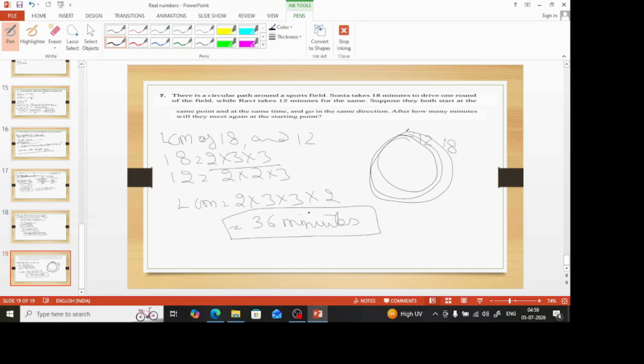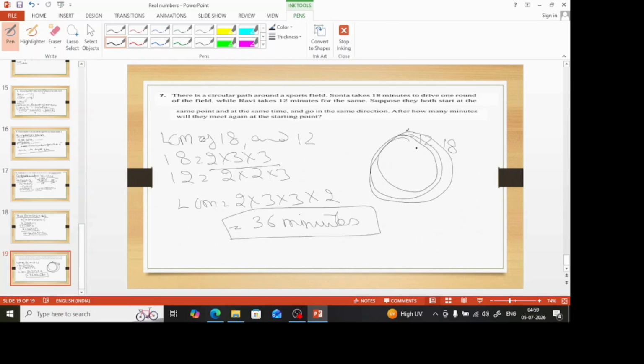So if the answer is 36 minutes, it means Sonia will make 2 rounds, as 36 is divisible by 18. Are you following me? Sonia will take 2 rounds in 36 minutes because she takes 18 minutes to complete 1 round.